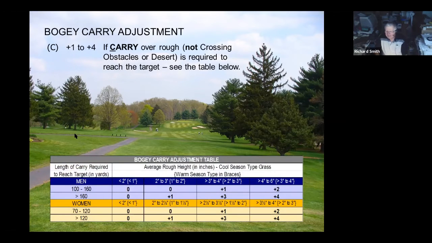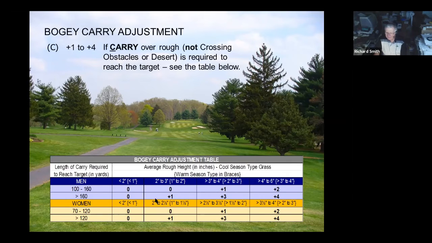There's a little table for that. Looking here at the carry required, say for men, from 100 to 160 yards. And remember, that would include 10 yards for the safety margin of a carry.